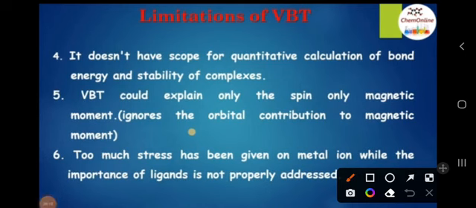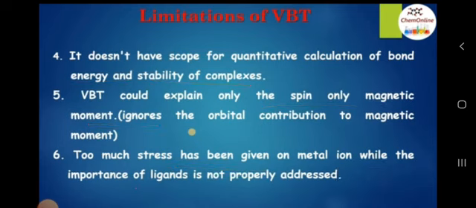It only explains magnetic properties, hybridization and geometry. It does not give stability or bond energy. It could explain only the spin-only magnetic moment, not the orbital magnetic moment. So it does not properly give importance to the ligand. So this is about the valence bond theory.